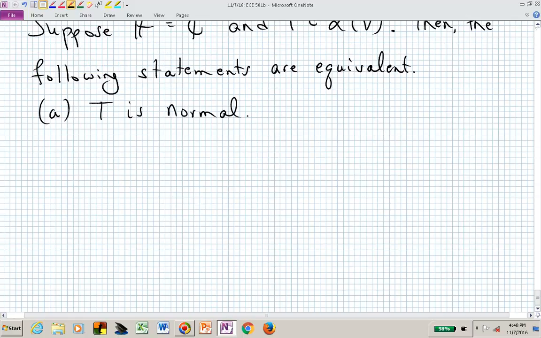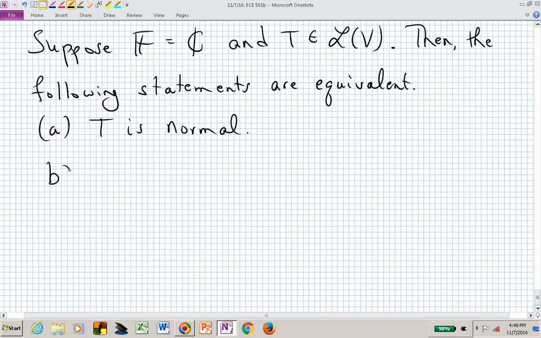So if we have a normal operator, then that's the same as the next two statements.